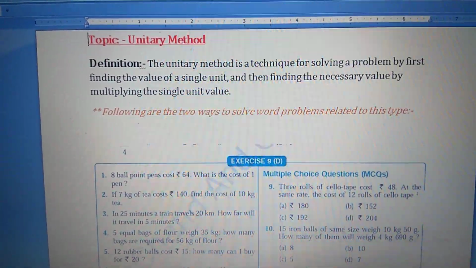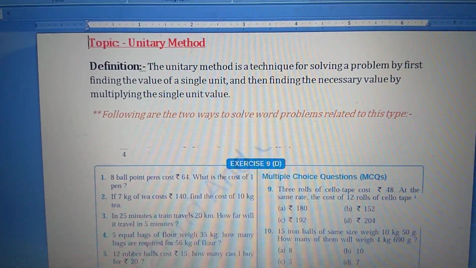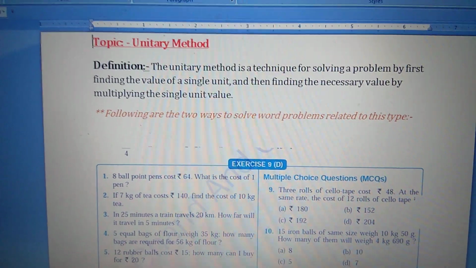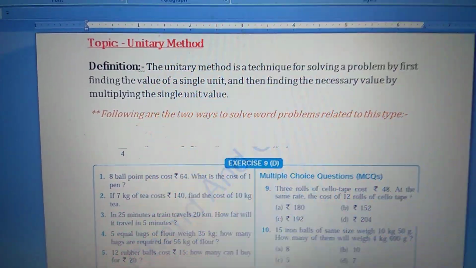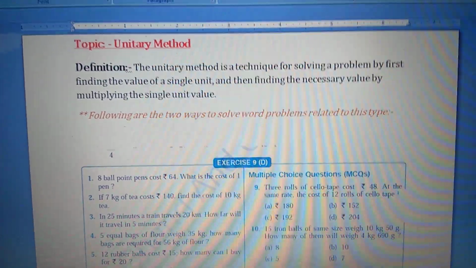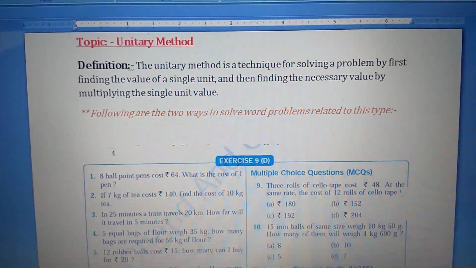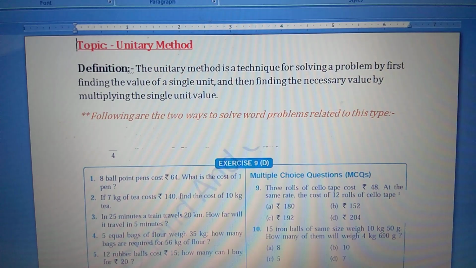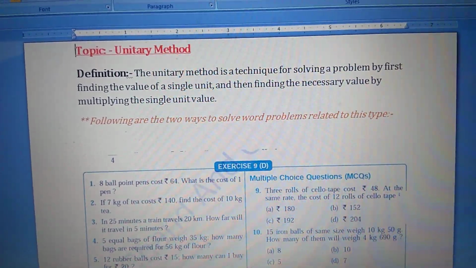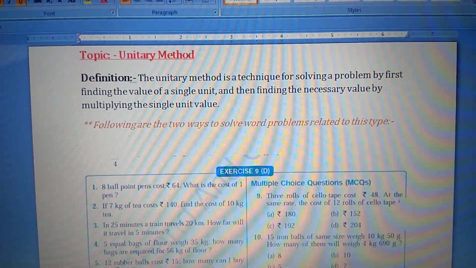So here first we have to find for one. Maybe it may be cost, it may be length, it may be weight. Then the next step is we need to find for the given number of things.